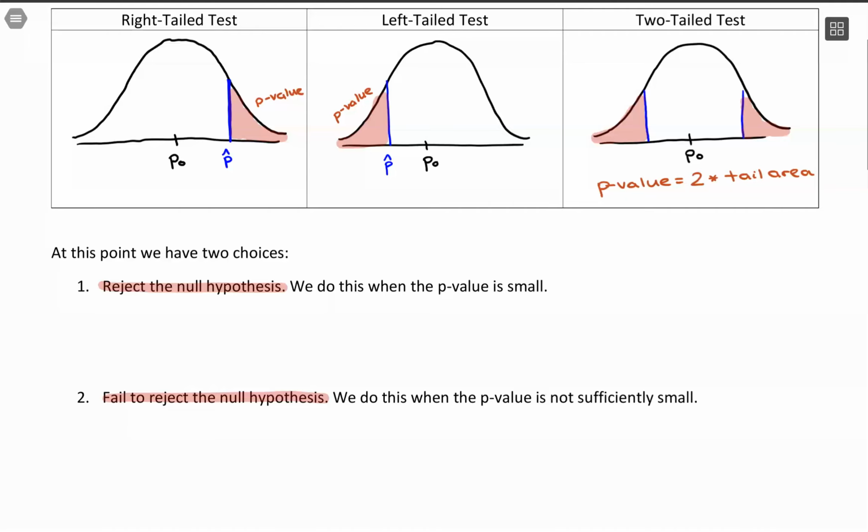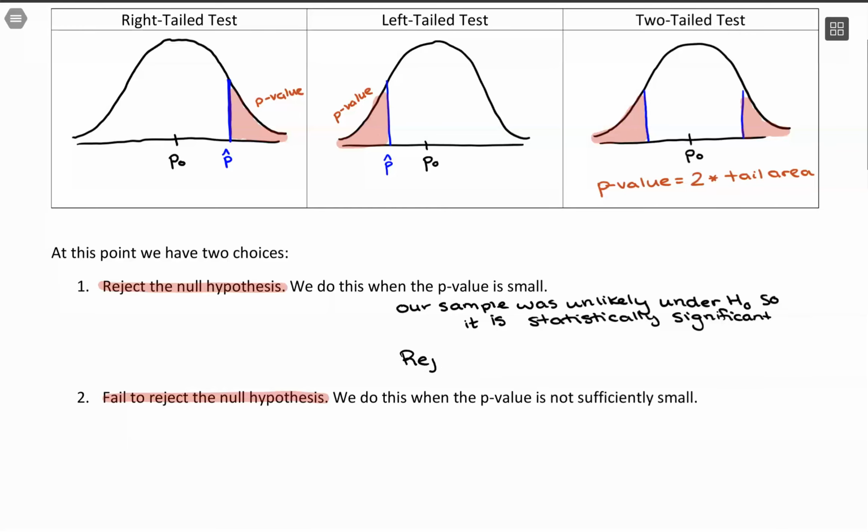If the p-value is small, that links to our sample being unlikely under that null hypothesis. So it is statistically significant. If we see something rare occurring, it's statistically significant, which means we get to reject that null hypothesis.